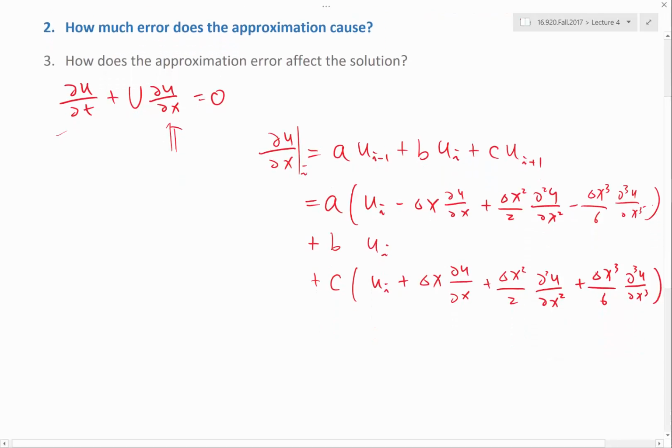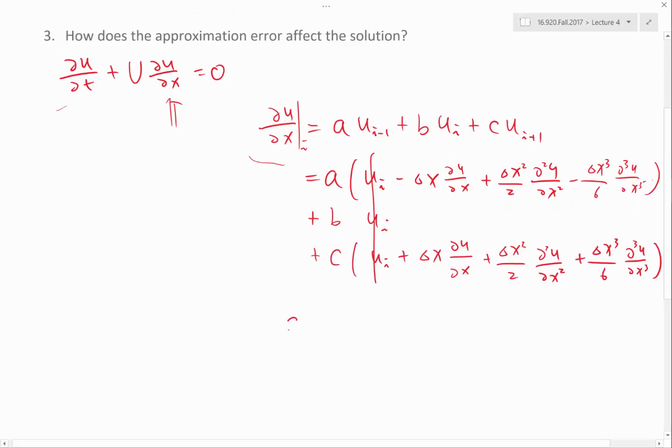Okay, and we want this to be as close to du/dx as possible. So we want the first term to cancel to 0, which gives us a plus b plus c has to be equal to 0. We want the second term to give us du/dx, so we want it to add up to 1, which means minus a times delta x plus c times delta x should be equal to 1.